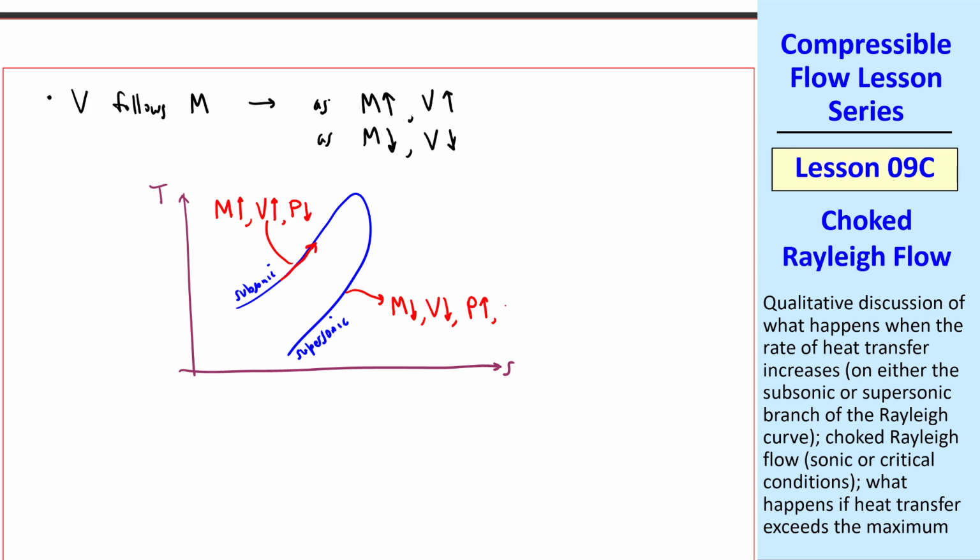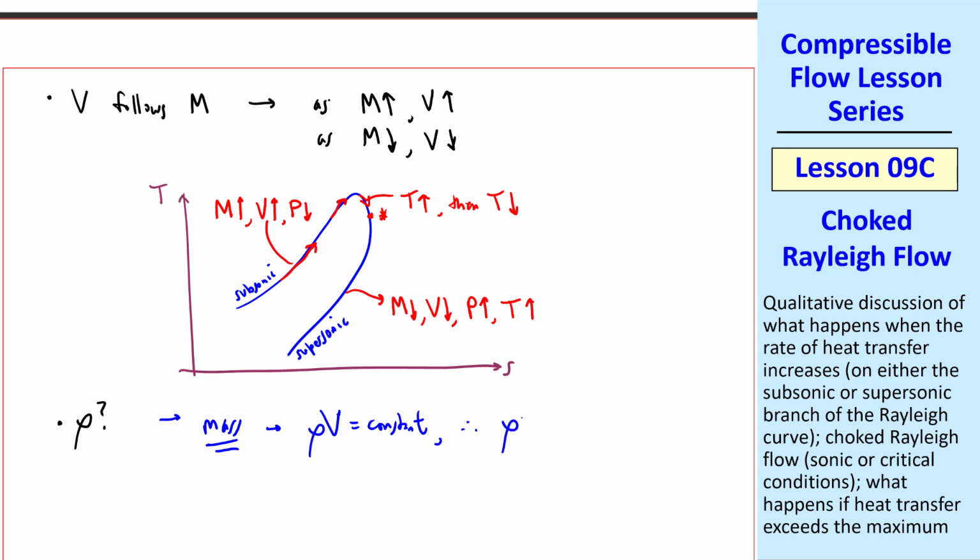And we've already stated, and you can see on this diagram, that T also goes up until we reach the critical conditions. Whereas on the subsonic branch, T goes up, then T goes down in the strange zone. What about density? Well, mass conservation tells us that ρV equals constant, so qualitatively, density must go down as speed goes up, and vice versa.